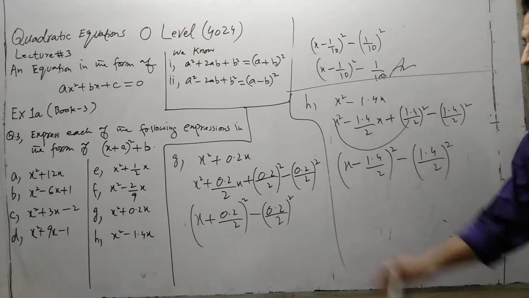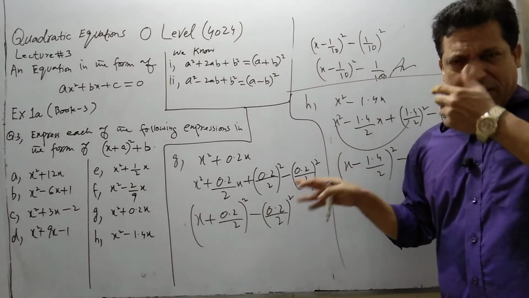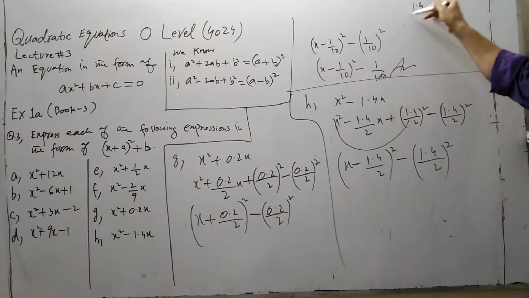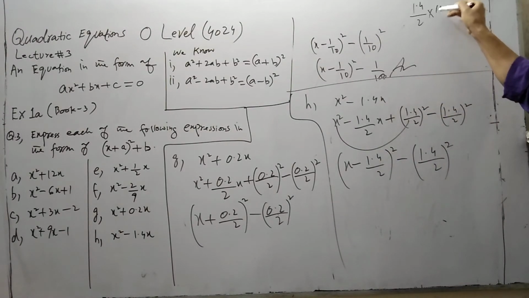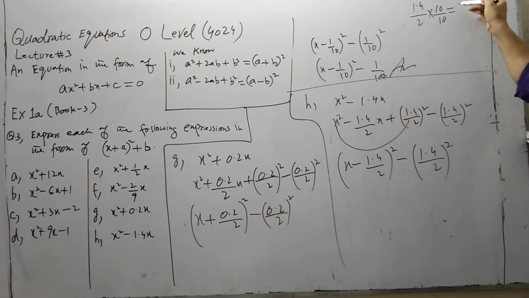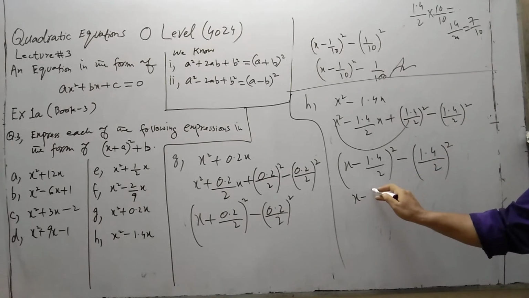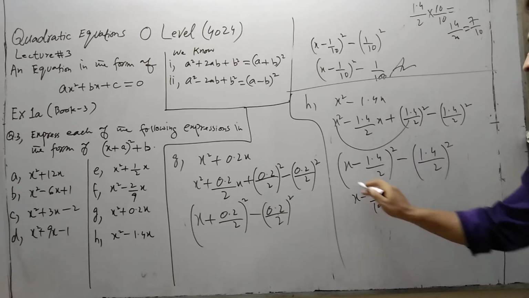But what I told you in this part G, write the answer in simplified form. So if we multiply and divide by 10, the answer is 14 upon 20, which is 7 upon 10. So your answer is x minus 7 upon 10.